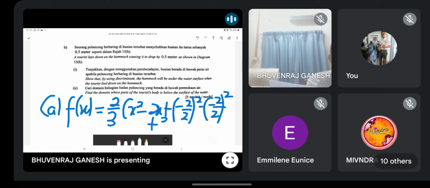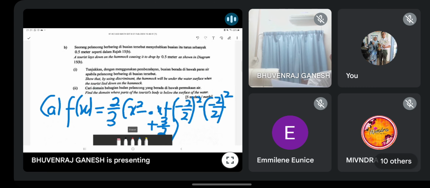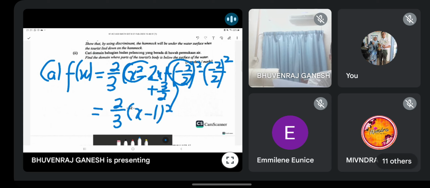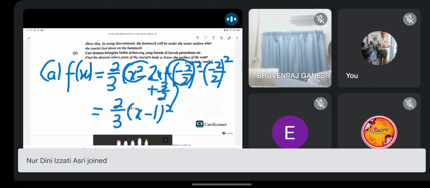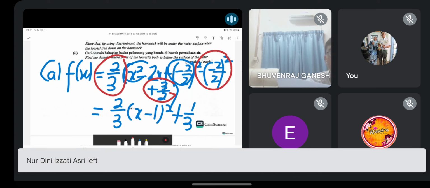So then plus 3/2. Okay, so now, after you get this, lepas ni kamu boleh faktorkan. Okay, x tolak 1. So you will get x minus 1 square. Lepas tu, tambah 1/3. Okay, kamu kira semua nilai ni guna calculator, darab 2/3.